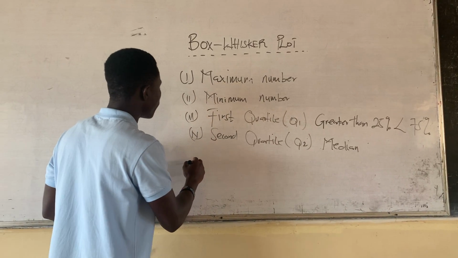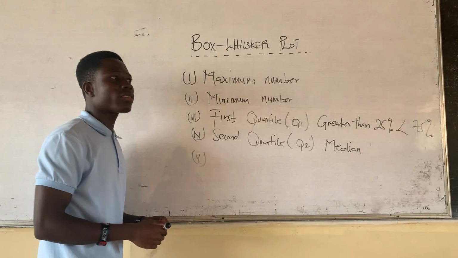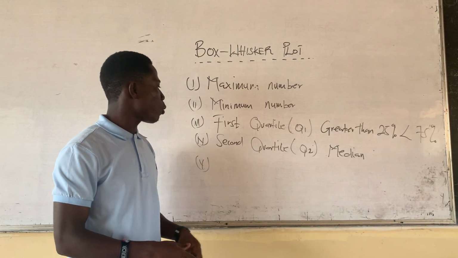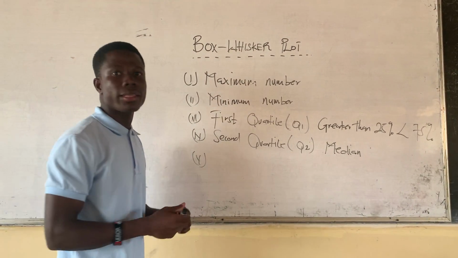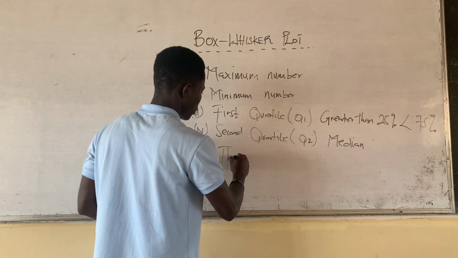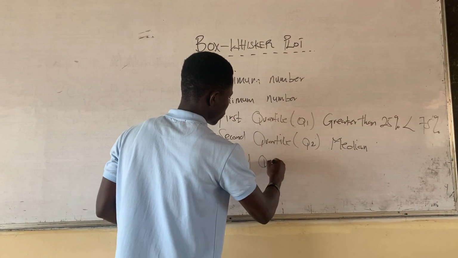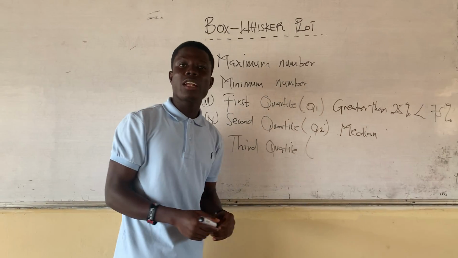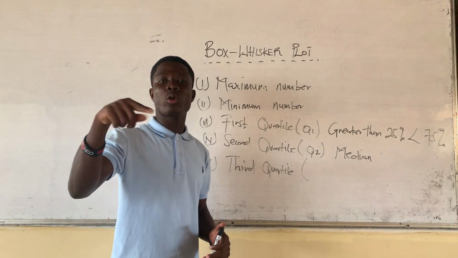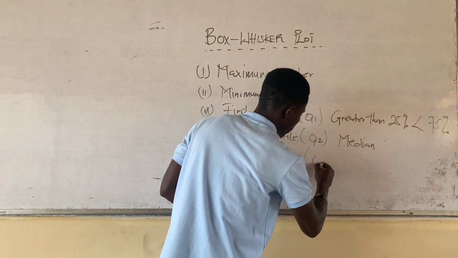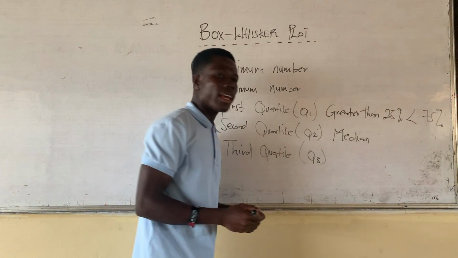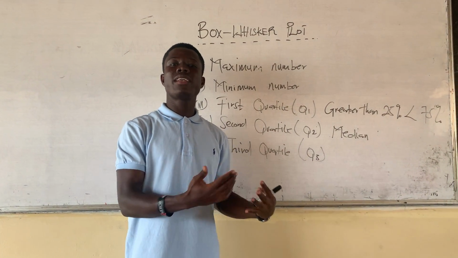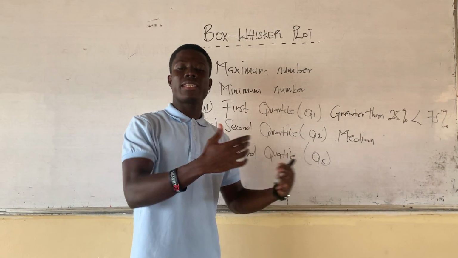Now the last data value that forms the properties of the box and whisker plot is the third quartile. The third quartile is denoted by Q3. In a given data set, how may we identify that this data set represents the third quartile?